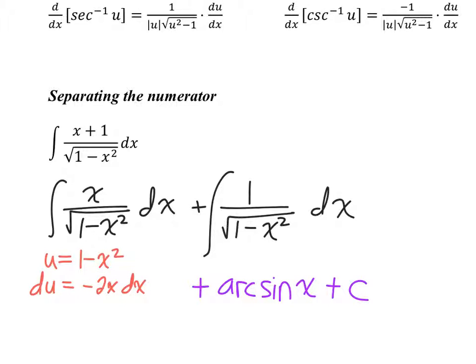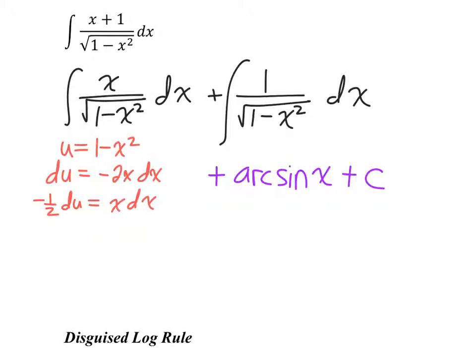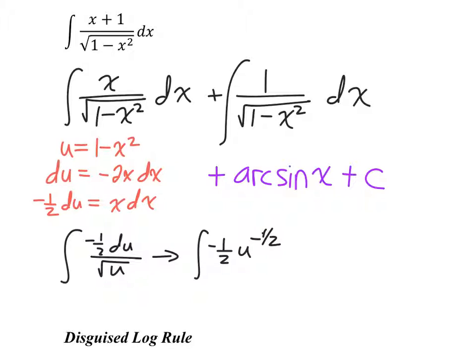Divide by negative 2. So negative 1/2 du is x dx. So up top, we have the negative 1/2 du. On the bottom, we have the root u, which is really just the same as saying negative 1/2 u to the negative 1/2 du.